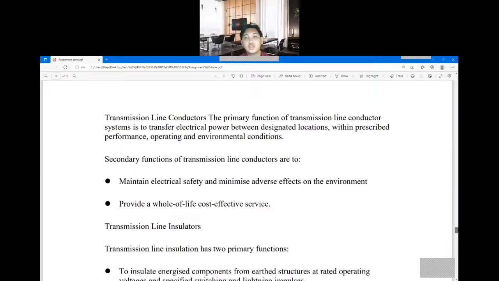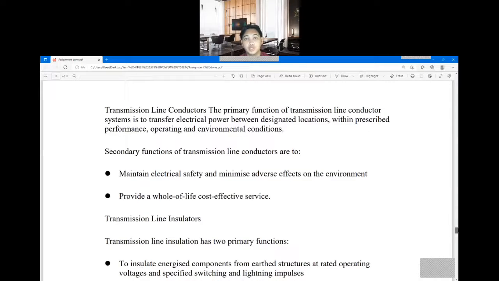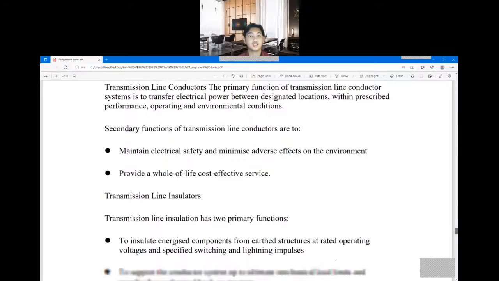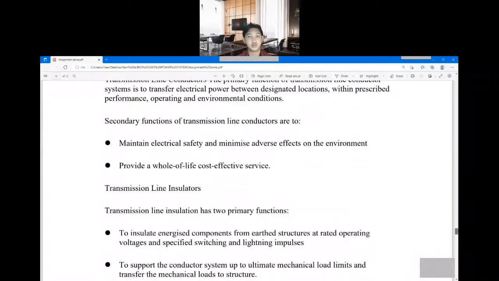Transmission line conductor. The primary function of the transmission line conductor system is to transfer electrical power between designated locations within prescribed performance, operating in environmental conditions. The secondary functions of transmission line conductors are to maintain electrical safety, minimize adverse effect on the environment, and provide a whole life cost effective service.